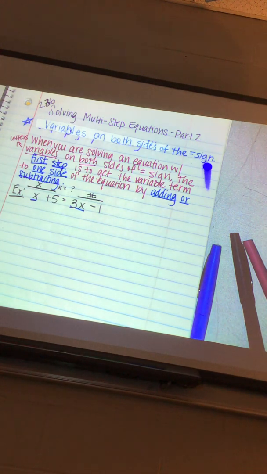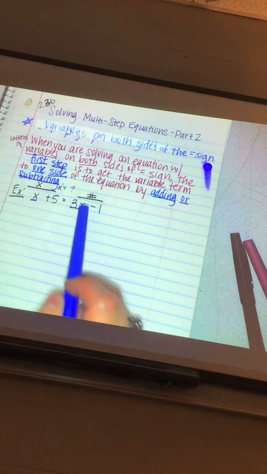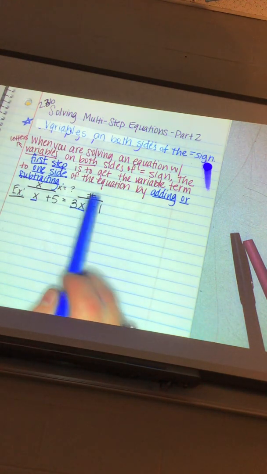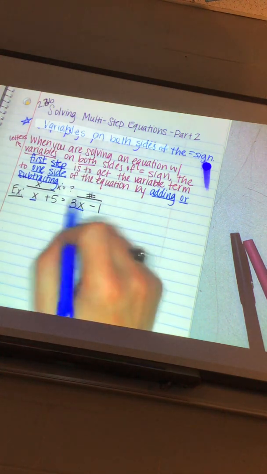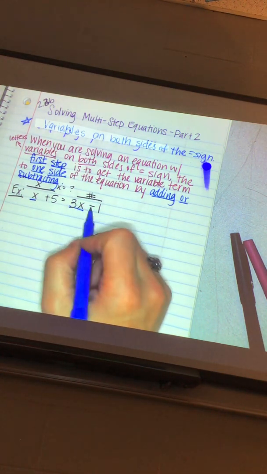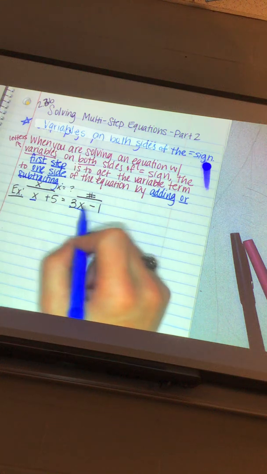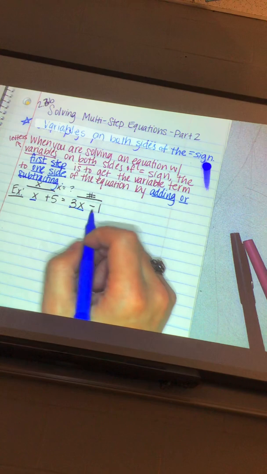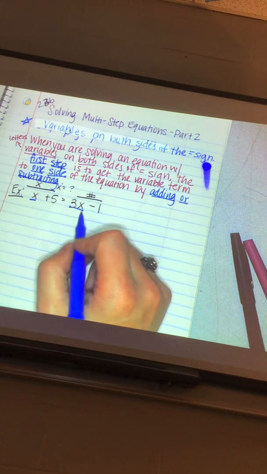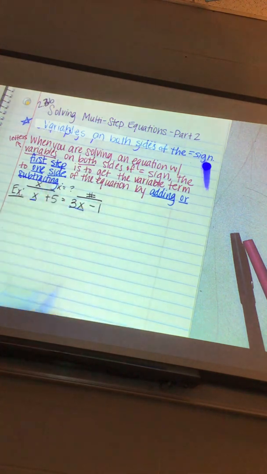So the first thing we have to do is ask, are there any variables on the number side? We want to get those over to the x side, the variable side. Yes, this 3x is over here. Because it is subtracting, holding it together to this 1, we're going to move this whole 3x, not divide the 3 off and then move the x.